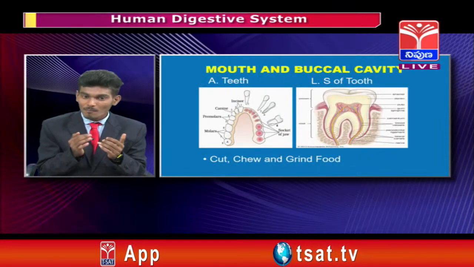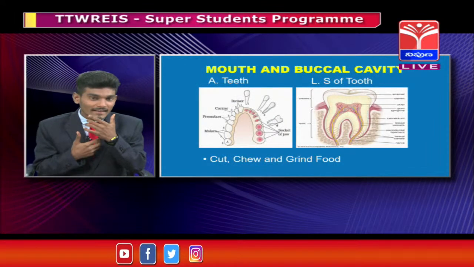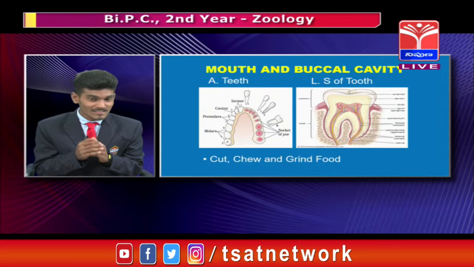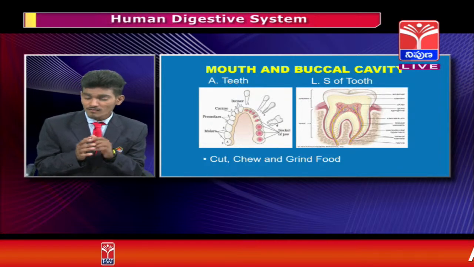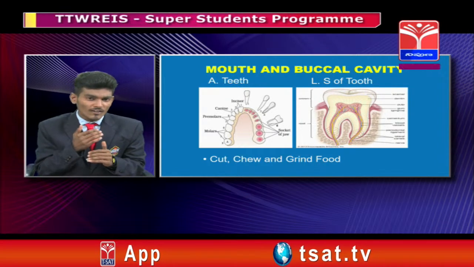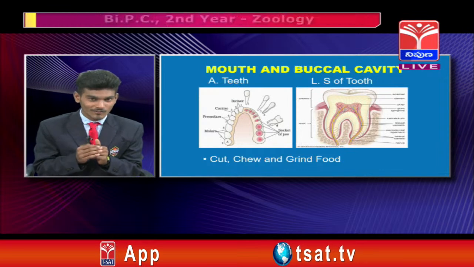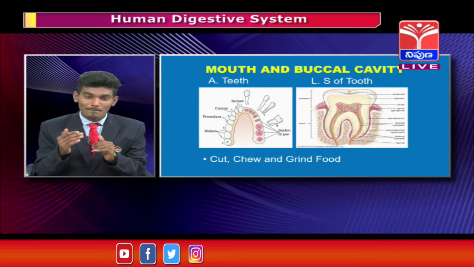When the mouth takes the food, this process is known as ingestion, and the mouth is freely movable. When the mouth has taken the food, it opens into the buccal cavity.